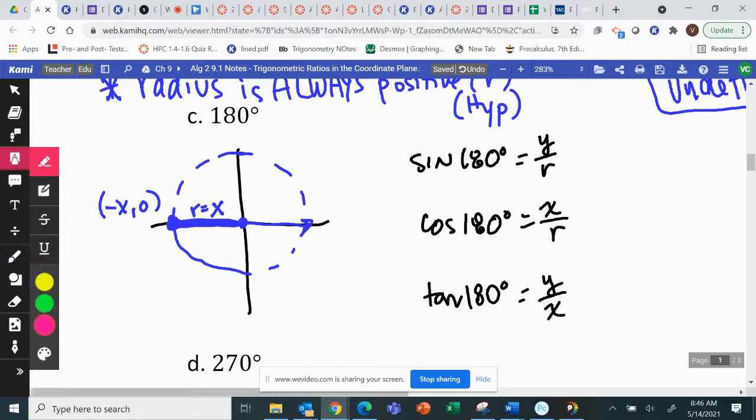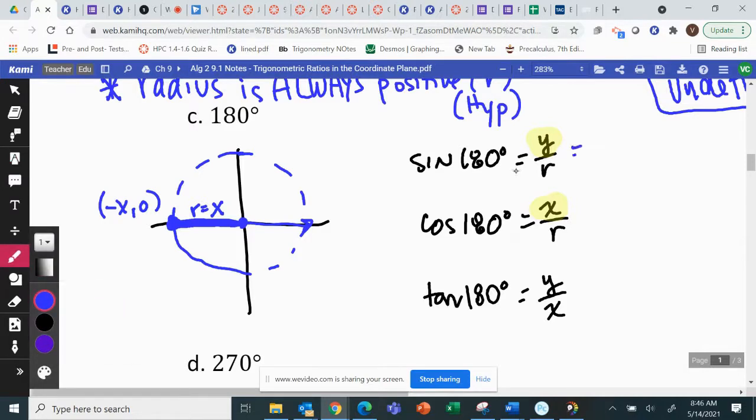I don't know if you guys noticed this at all, but it worked when I was using opposite and hypotenuse and adjacent, all that stuff too. But the tangent is the top of the sine over the top of the cosine every single time. So sometimes when I forget what tangent is, I'll just look at sine, cosine, y, x in order. That's just like a little way to help you try to remember.